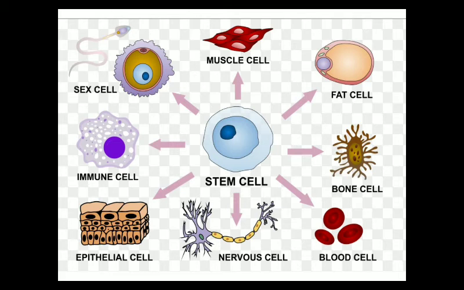They can form nerve cells, muscle cells, fat cells, bone cells, blood cells, epithelial cells, even the immune cells, WBC, the sex cells, the sperms and ovum, and they can produce all the different types of cells.